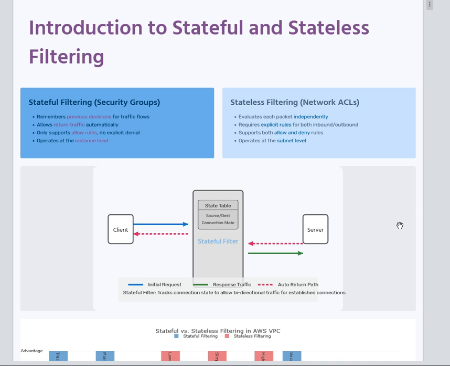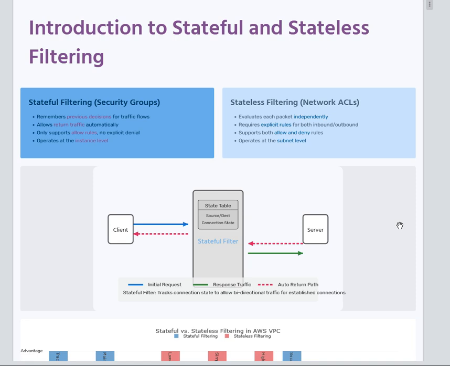They only have allow rules, with no explicit deny rules. If you allow something in, the returning traffic is also allowed. These operate at the instance level, so they can only be applied to an instance, EC2 network cards. Because they only use allow rules, if you allow something to go out, the return traffic coming back is allowed as well.